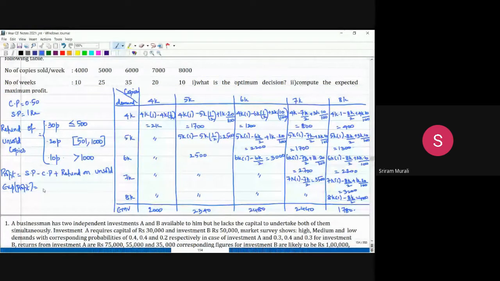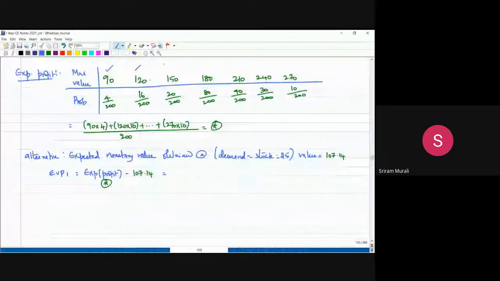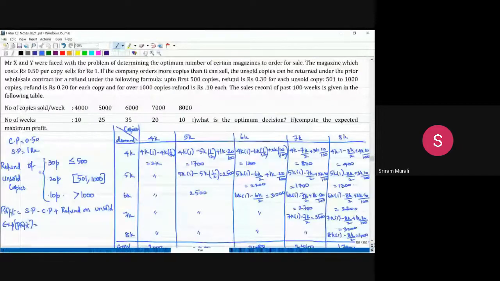What is the maximum value? 2000 into what is the probability? Did I not find the maximum value in each column into the probability which is given here, for the total 100?